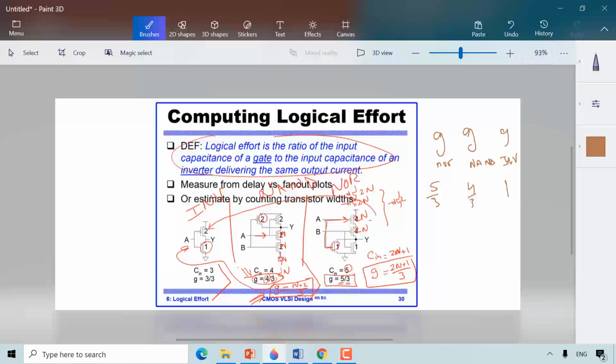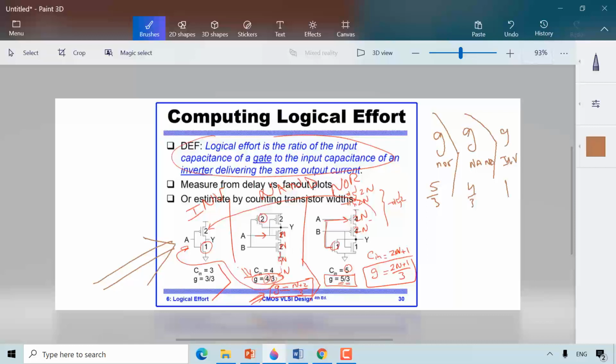So in terms of numerical value, obviously the NOR gate is larger than the NAND, and the NAND is larger than the inverter. But in terms of current strength, it is the reverse. The NOR in terms of the current strength is less than the NAND, and the NAND is less than the inverter. In terms of current strength, the inverter is the strongest. So I want to clear that.